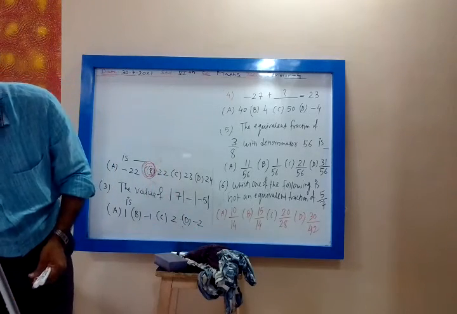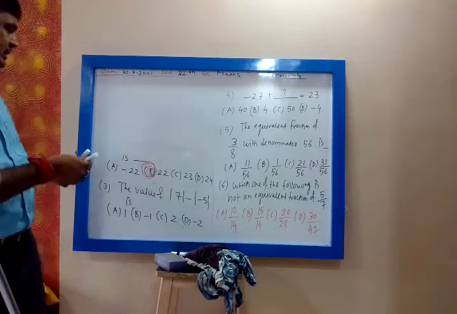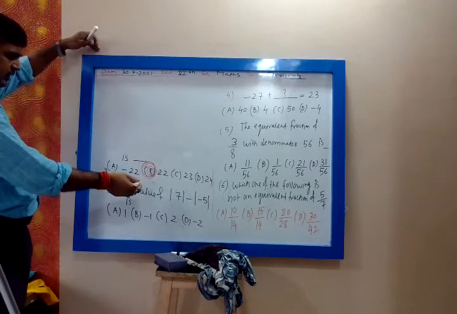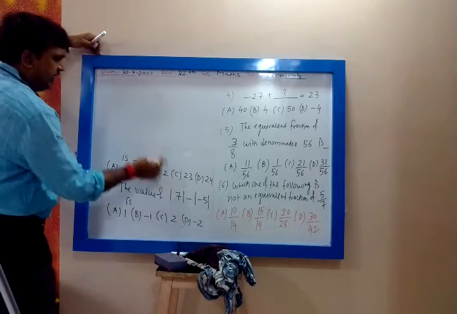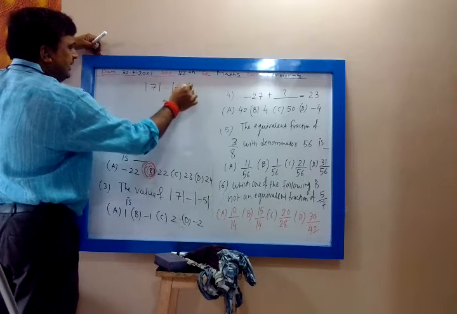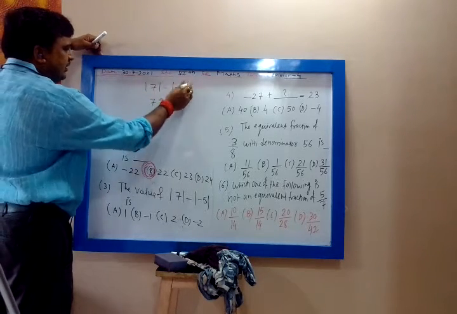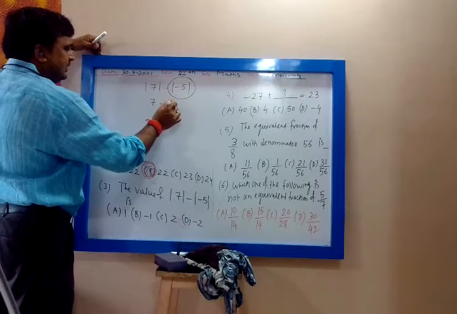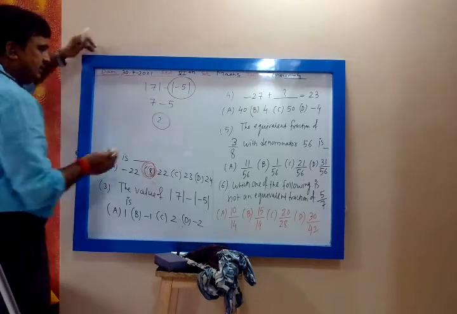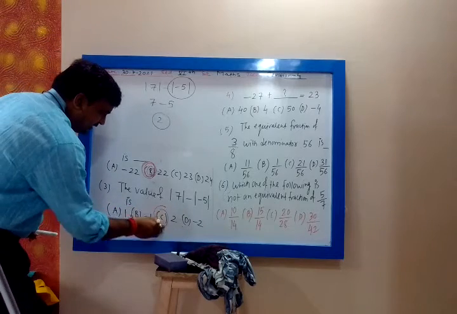Let us see. Absolute value of 7 minus absolute value of minus 5. Absolute value of 7 will be 7, minus absolute value of minus 5 will be 5. 7 minus 5 is 2. The correct answer is 2. So let us log the answer C, 2.